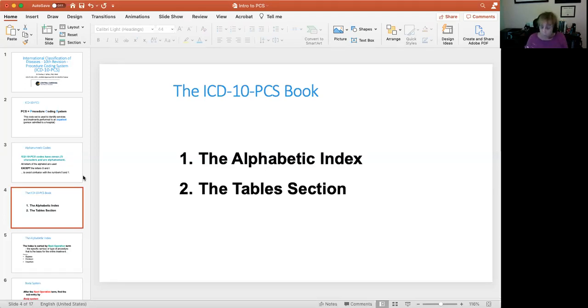But I know that Ms. Johnson has done tabbing of the book. You just get these little Post-it tabs, and you mark the different sections of the book so you can get to them more quickly. All right.